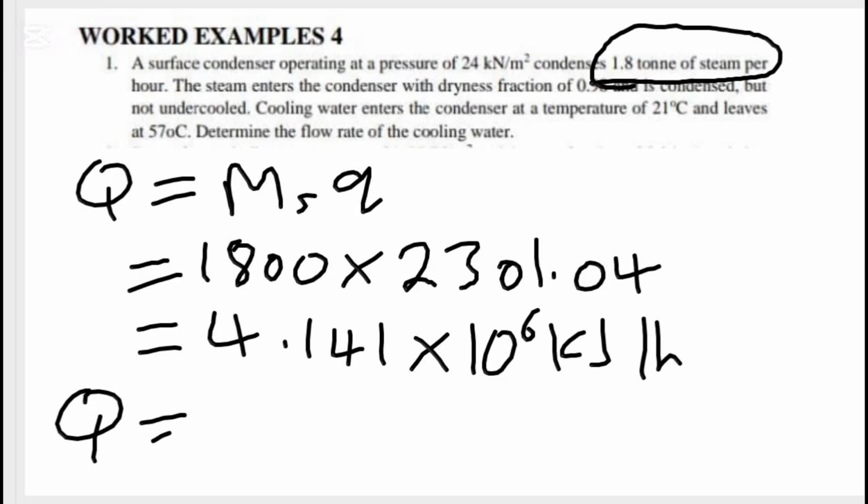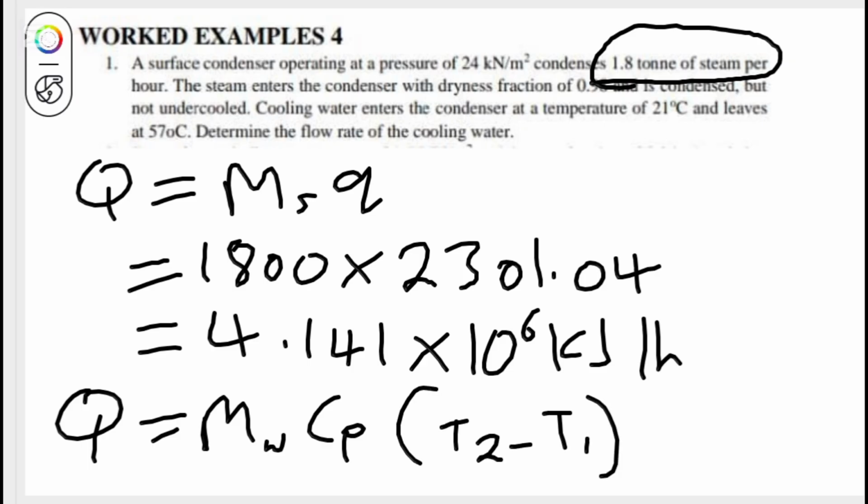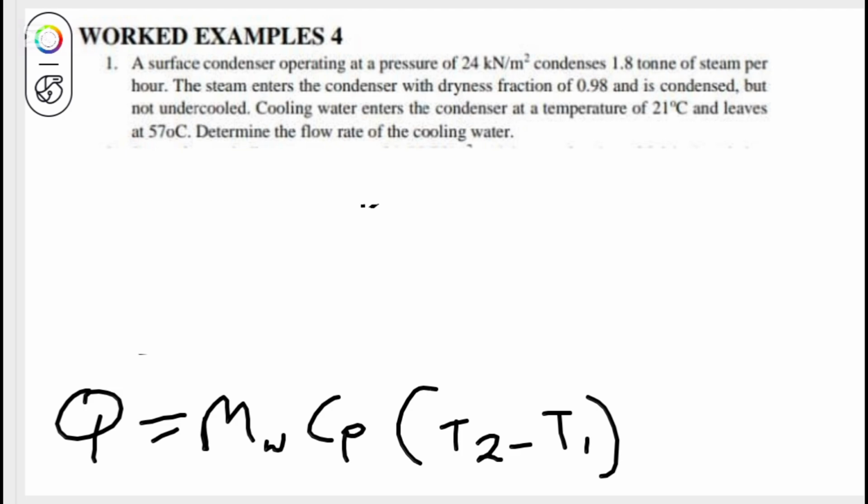So I will say this will be the mw, which is the mass of the water, multiplied by Cp and multiplied by delta T, T2 minus T1. As I said before, the value of Cp we are going to use is 4.187. So I'm looking for the mw.